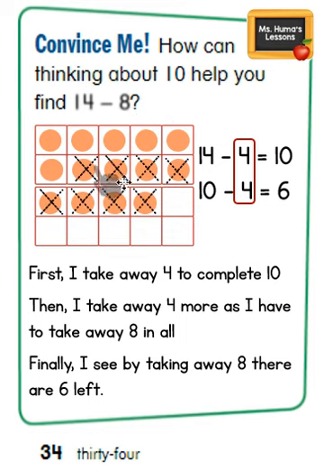Once I have crossed out 4 more, I will check exactly how many are left. Finally I see that by taking away 8 there are 6 left. 1, 2, 3, 4, 5, 6. So if I start from 14 and take away 4 and 4, that is 8, in 2 steps, finally I reach 6. I have 6 left.